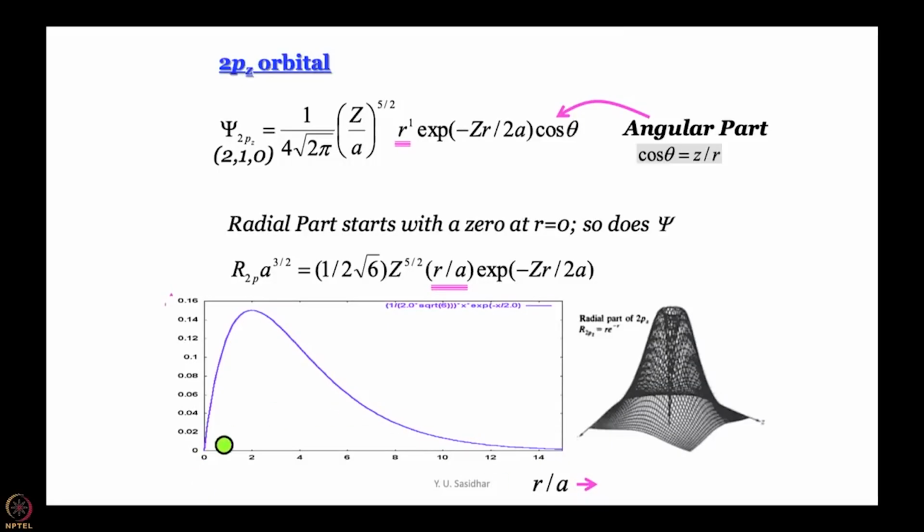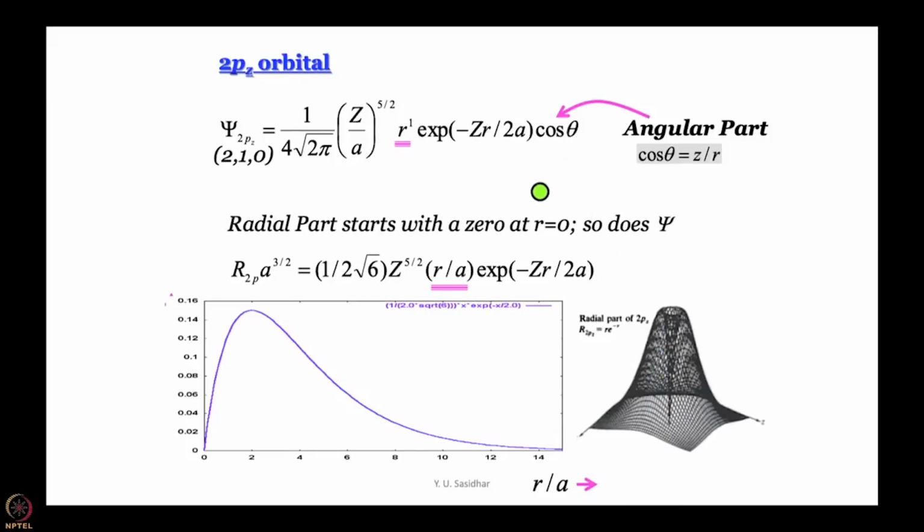And of course psi starts with a 0 at r equal to 0 as well, goes up and comes down, and from the previous couple of modules I think you are now familiar and you can make sense of this kind of 3-dimensional plots. Just do not forget please that the vertical axis is really psi. Okay. In fact in this case vertical axis is capital R.